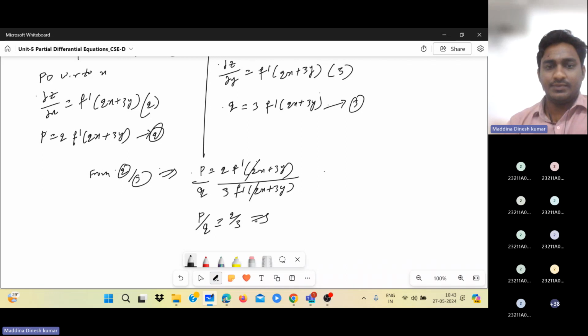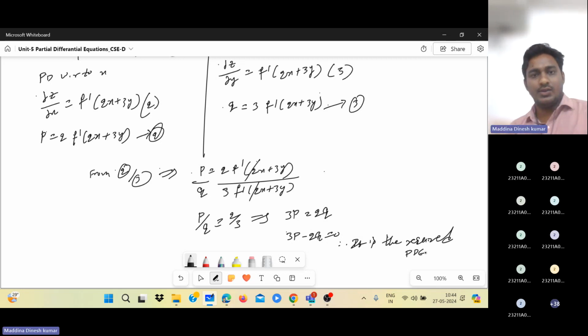Then you will get 3p equal to 2q, so 3p minus 2q equals 0. Therefore, it is the required PDE.